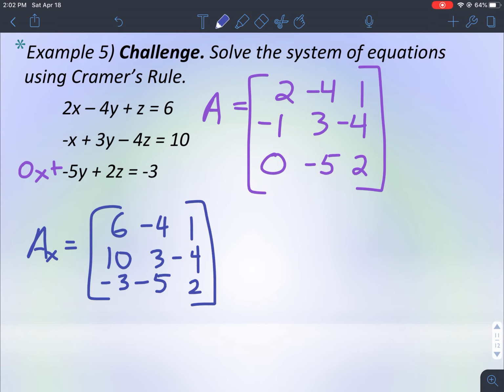So for that equation I replaced the x column.